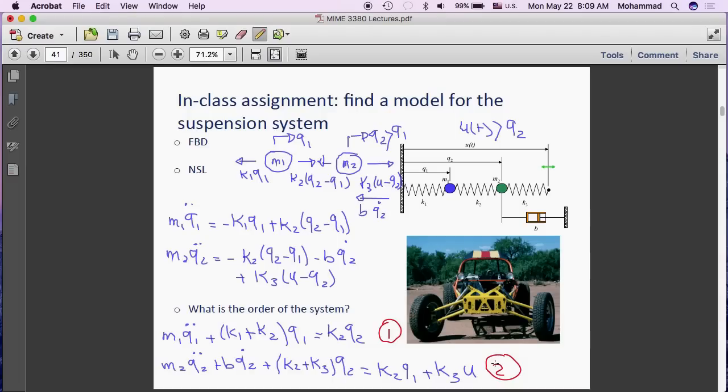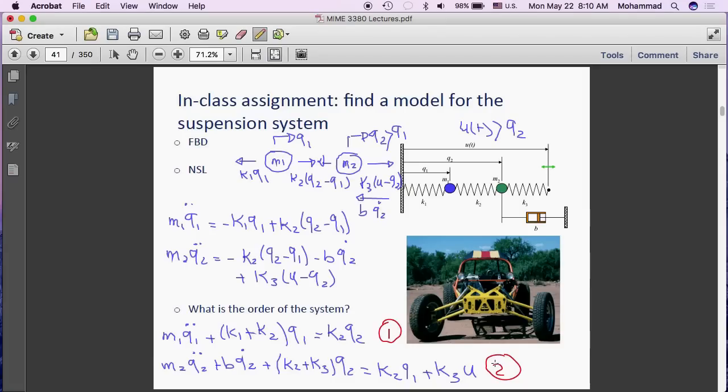Now, we have two second order differential equations, and for each we have two state variables. So let's focus on equation 1. What are the two state variables associated with equation 1? Do you remember the key that I gave you on how to find state variables? Last time I said in order to find the state variables, you need to look at the differential equation and figure out what variables are being differentiated.